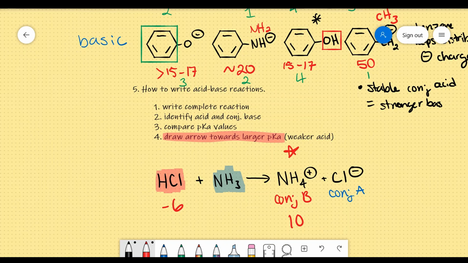So we're going to draw our arrow. When I'm talking about arrow, I'm talking about this one, right? Because remember that with the acid base, we can either go towards our product or towards our reactants, and it's going to go in whichever direction we have the higher pKa. So overall, our reaction is going this way, right? If somehow this had been reversed and the NH4 had been on the reactant side, then the arrow would be going the opposite direction. Okay, so I hope this made a lot more sense.